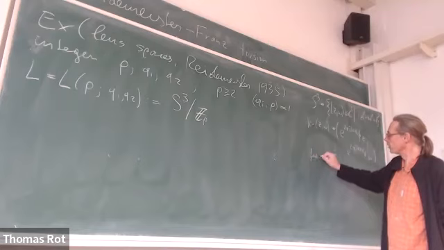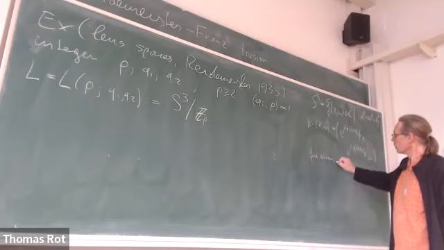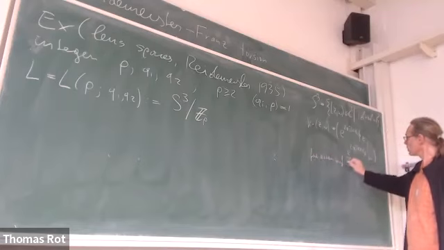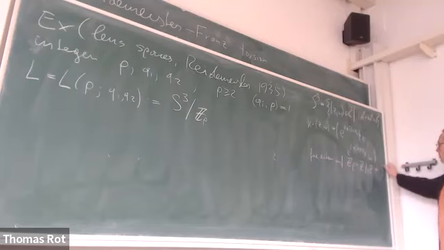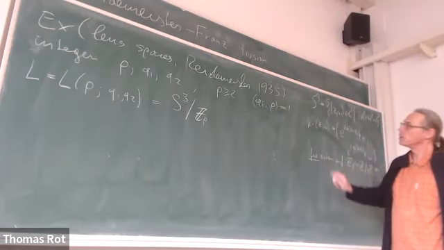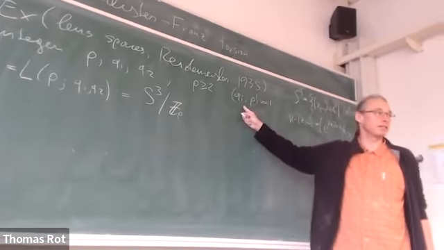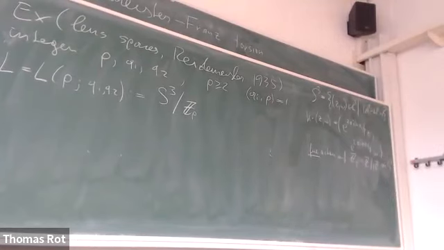actually a free action of the residues mod P, so it's just Z mod P, on this sphere, basically. The action is free because we don't get any fixed points in this case.